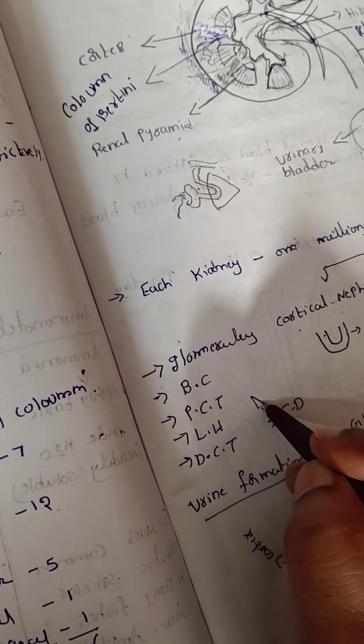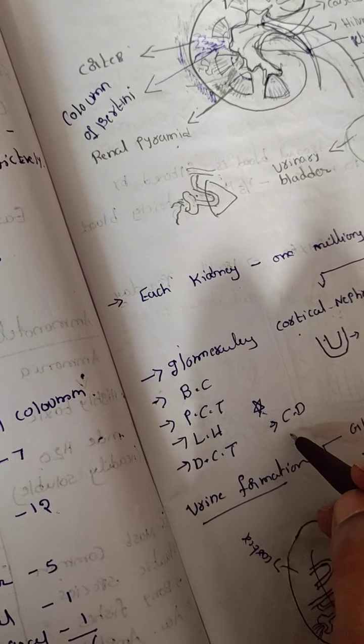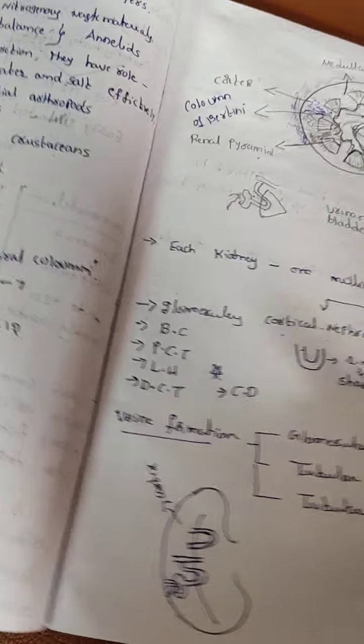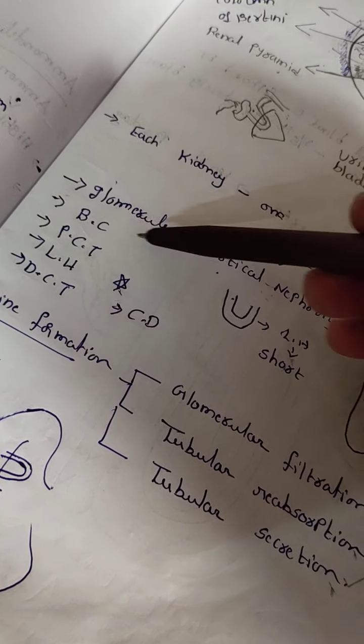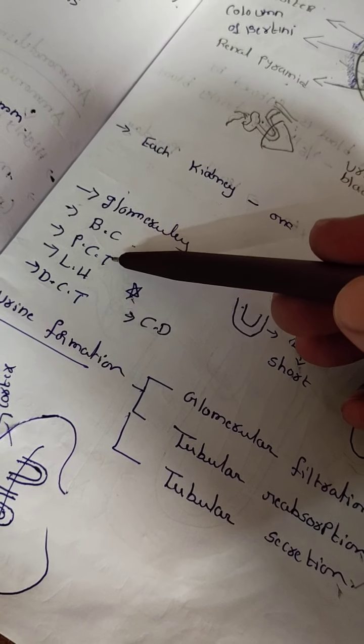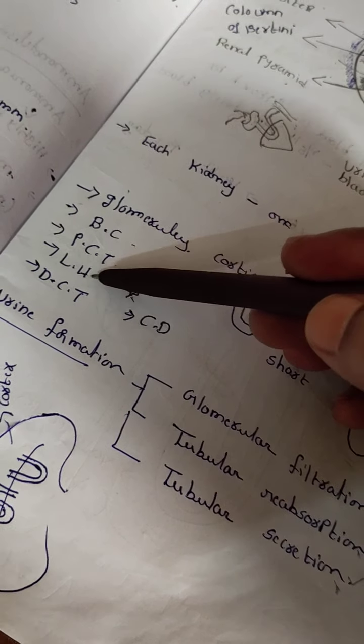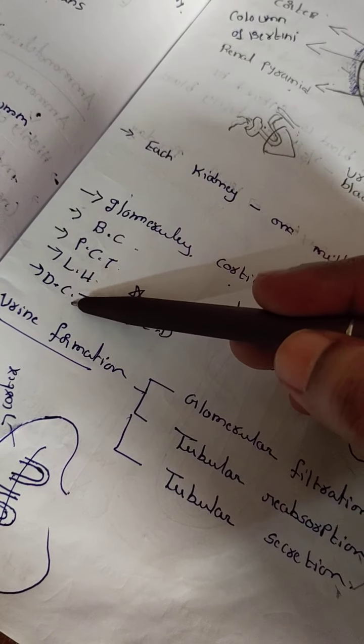The collecting duct is not part of the nephron; you have to keep that in mind. So the parts of the nephron are glomerulus, Bowman's capsule, proximal convoluted tubule, loop of Henle, and distal convoluted tubule.